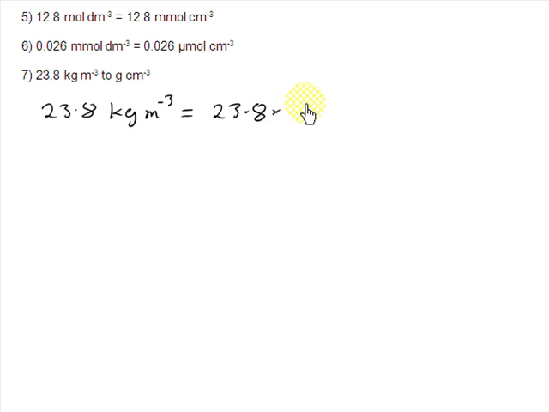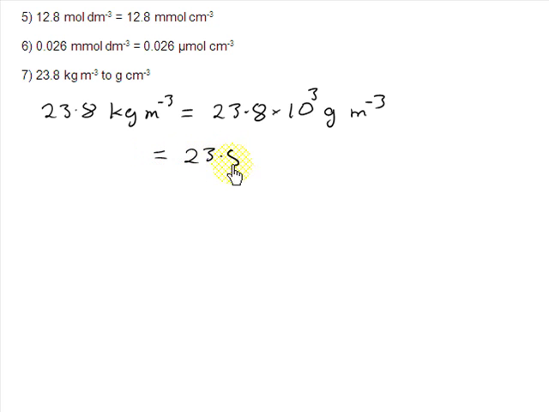For 23.8 kilograms per cubic meter, we can first of all convert kilograms to grams, as we know that 1 kilogram unit is equal to 1,000 or 10 to the 3 grams per cubic meter. And then we know that 1 meter to the minus 3 is 10 to the minus 6 times centimeters to the minus 3.